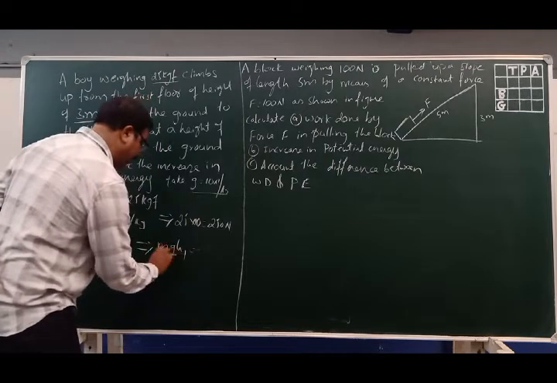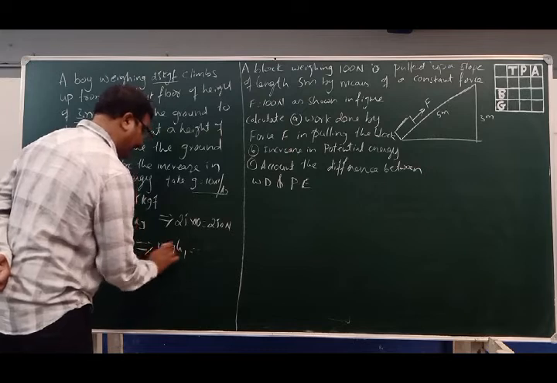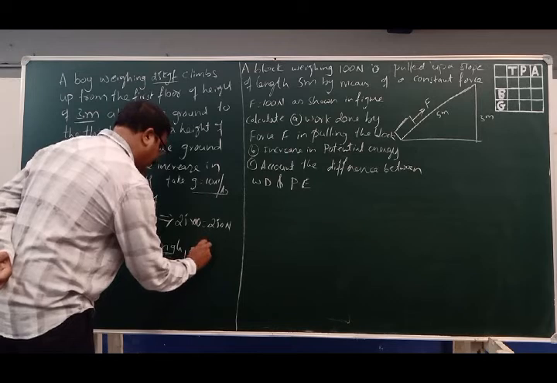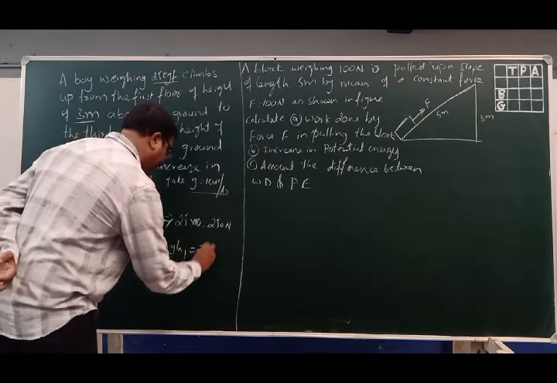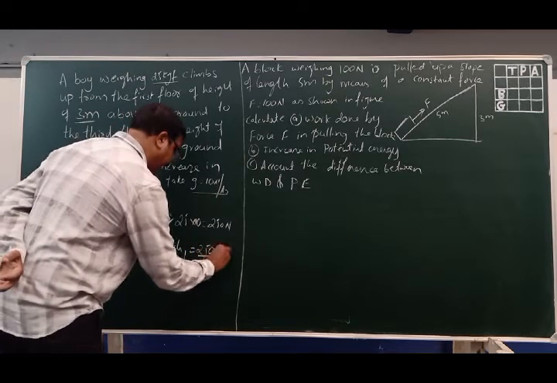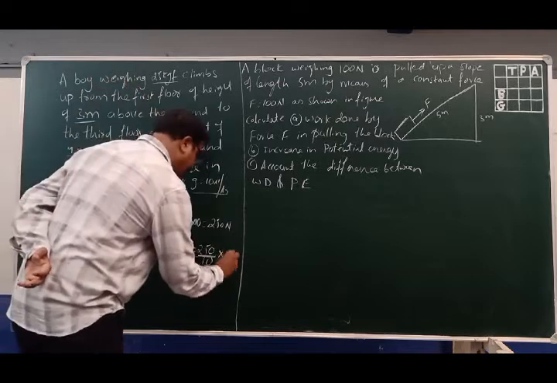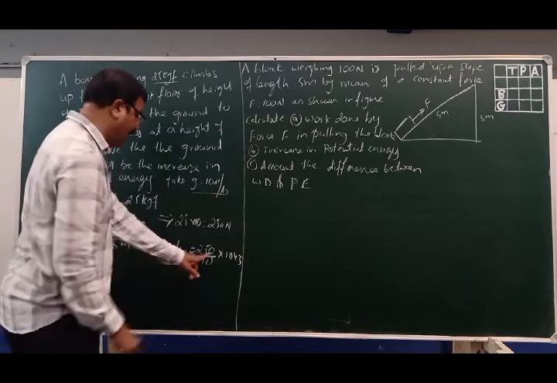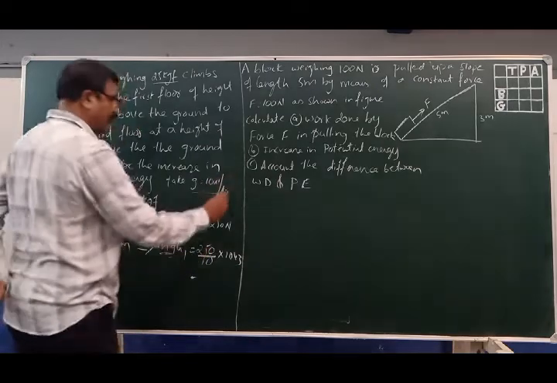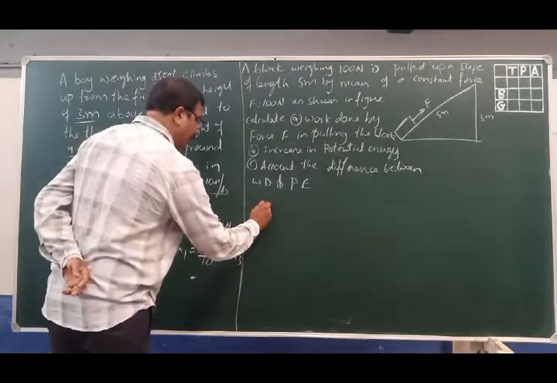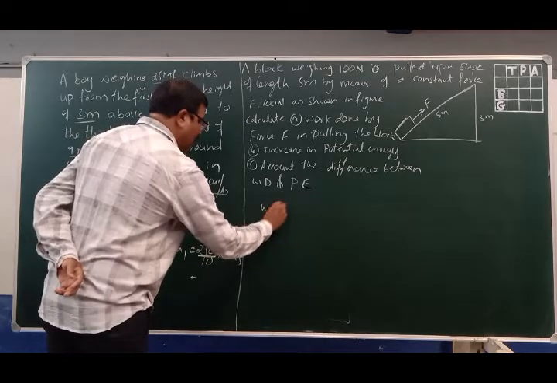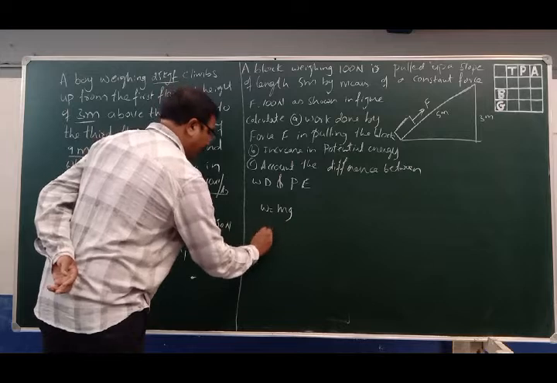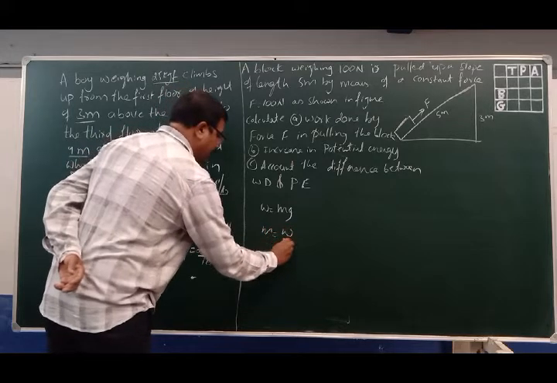Here I have m as 250 divided by 10, into g is 10, into 3. Why have I divided by 10 here? Because, as I'll show you, weight is equal to mg, or m is equal to W by g.